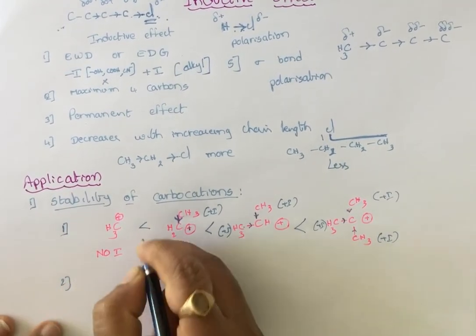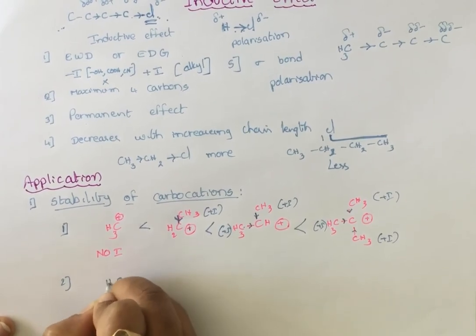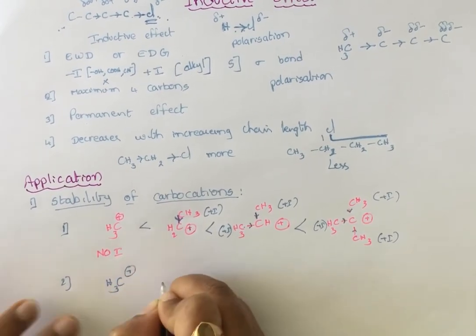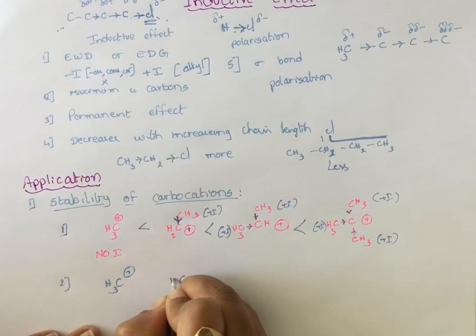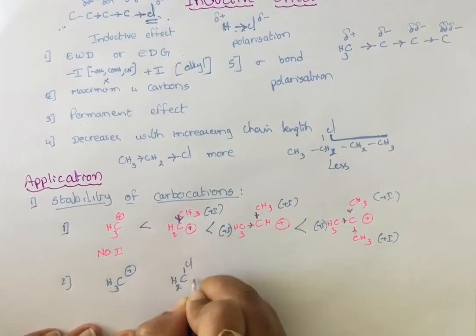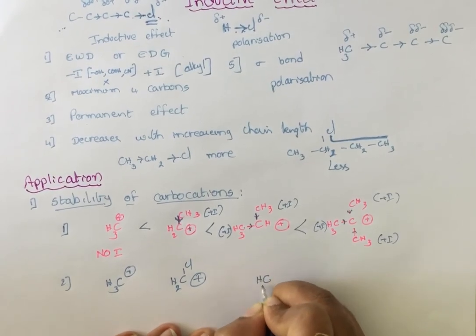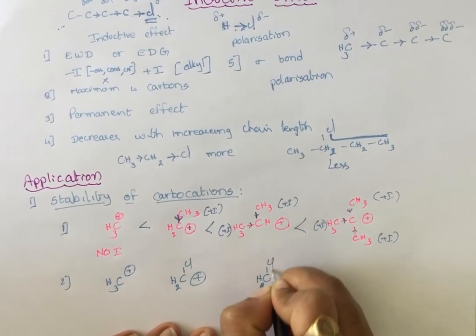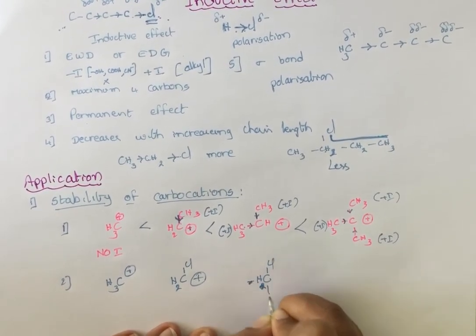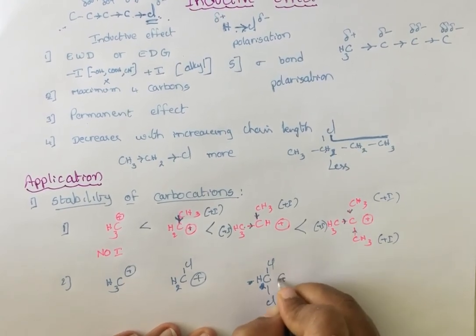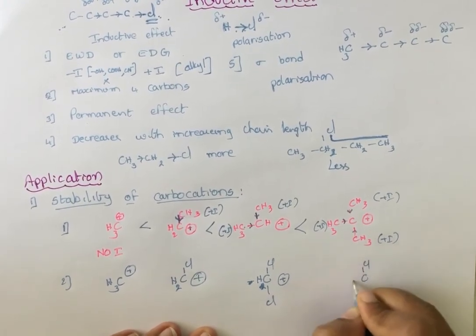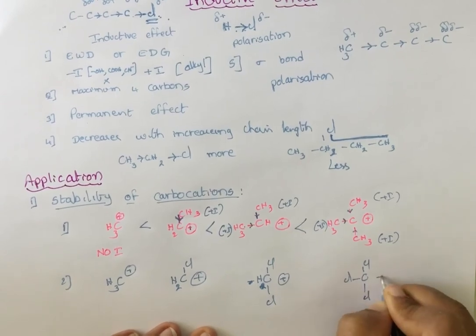This is the first example. One more example, I will take the same methyl attached to a chlorine, attached to two chlorines, and attached to three chlorines.